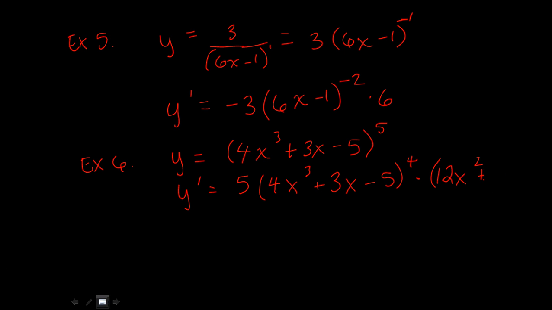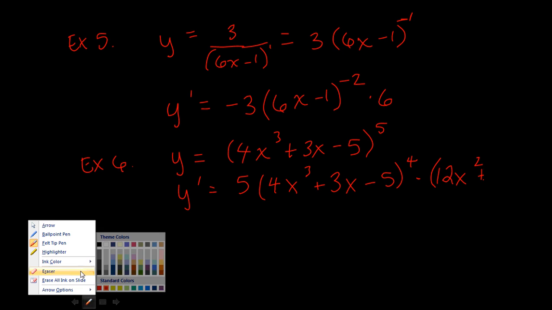Okay, so let's go ahead on to the next page. And we'll do something similar to example 7, 8, and 9. So for example 7, let's say that we have y equals 13 plus 2x to the 5/6.